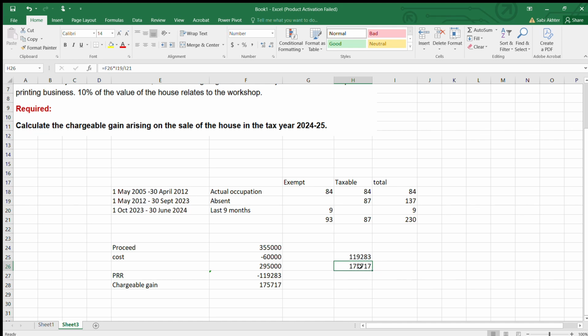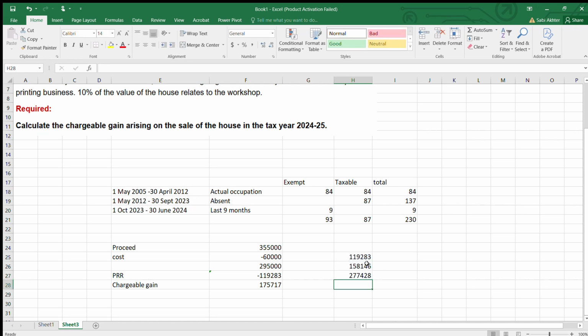When you're taking this, do not forget to take 90% of this value, because that is when it was used as a main residence. So into 90%, which is 158,146. Now the total will be your PRR.